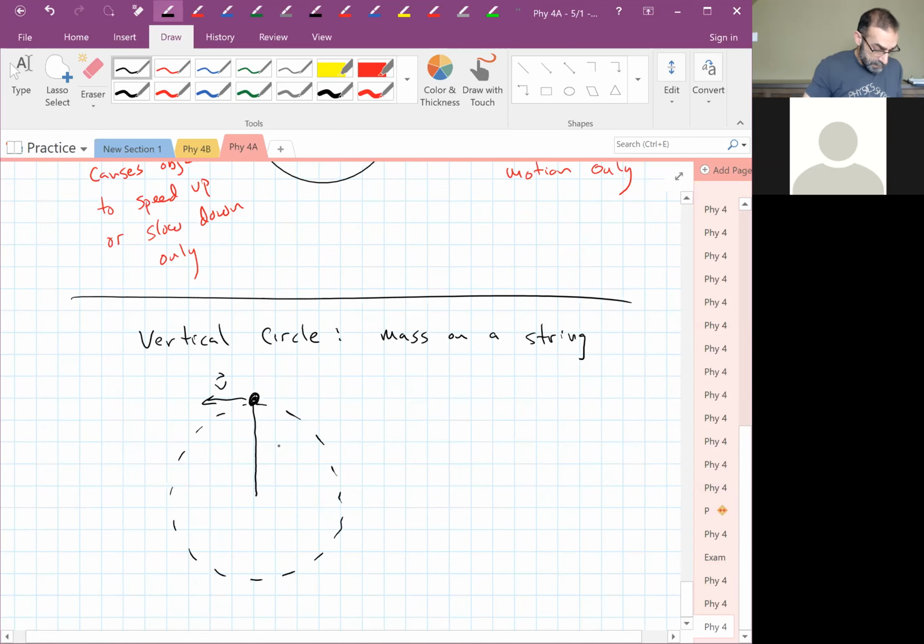Excuse me. And let's just have it moving in uniform circular motion. It's a little hard, but maybe we could get it to. So that means the speed is constant. We'll just call it v.